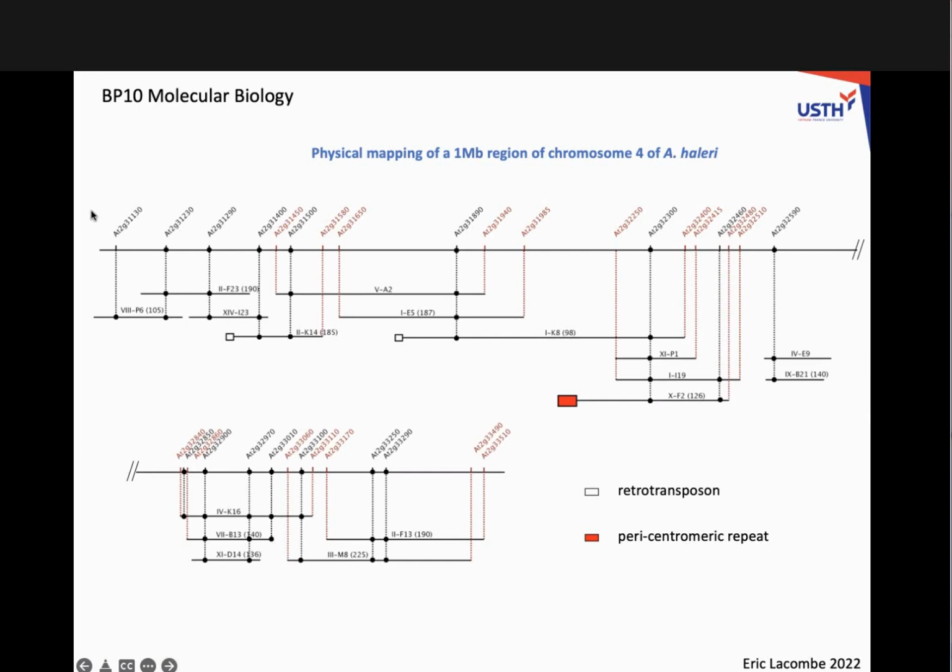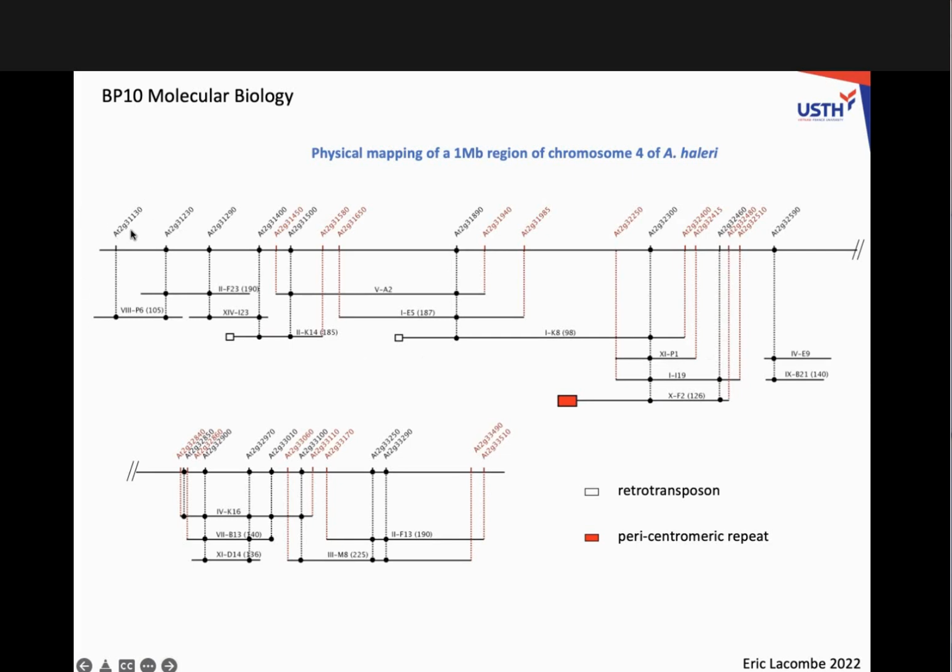In order to reconstruct the map of alleri, the map would be this clone, then this one, then this one, then this one, and so on. So you can have the full genomic sequence. Don't worry, we'll come back to that later on.